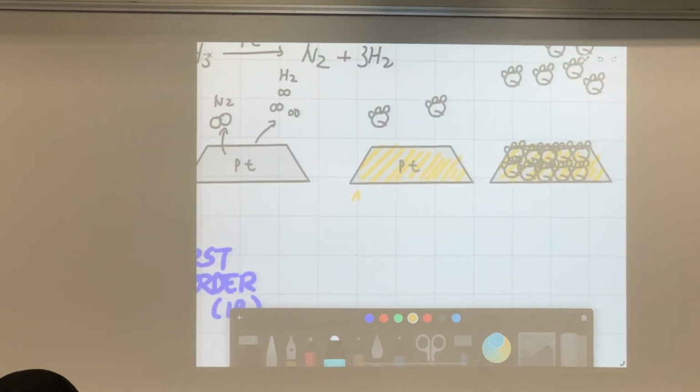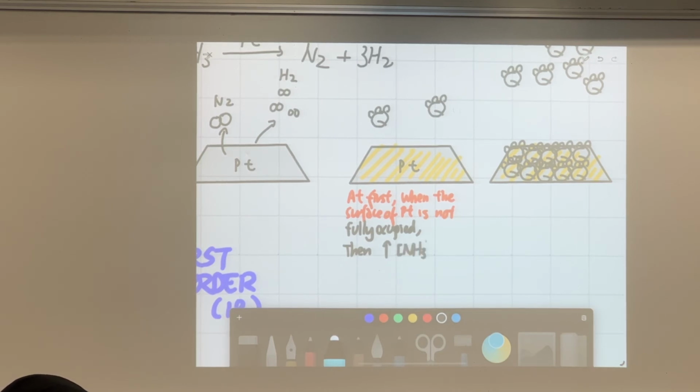At first, let me not use the color yellow, sorry, okay? So at first, when the surface of Pt is not fully occupied, then yeah, you can say increasing concentration of ammonia will increase rate.